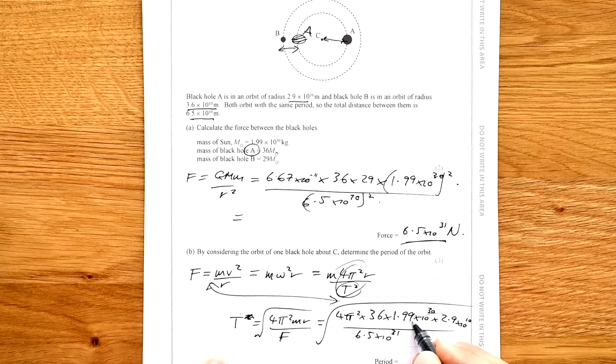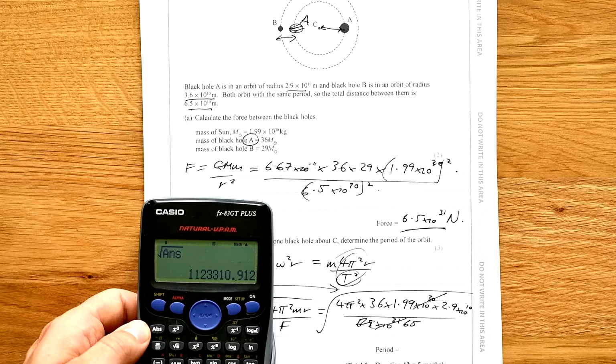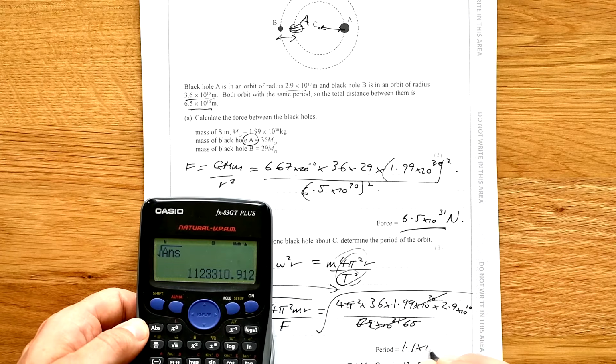Let's cancel out some powers of 10, why not? So 30, 31, so this is just 65. And that gives us a time period of 1.1 times 10 to the 6 seconds.